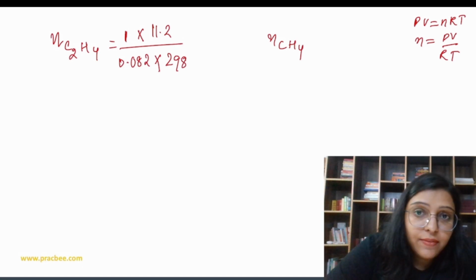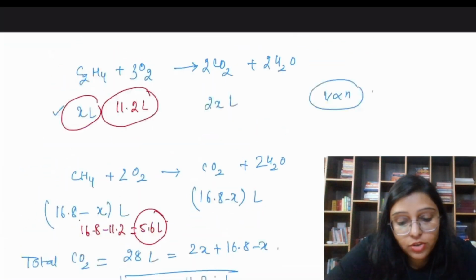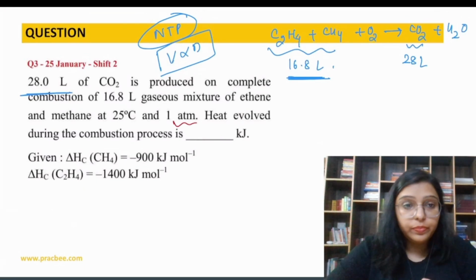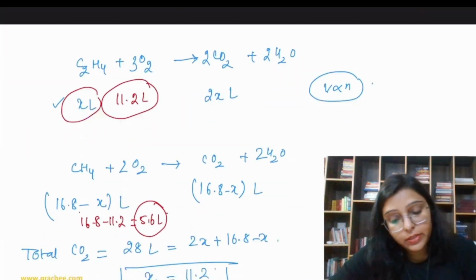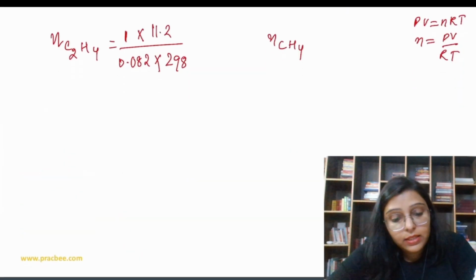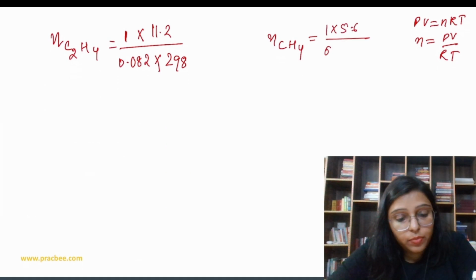Why am I taking R value as 0.082? Because pressure is 1 atm. So if pressure is in atm, then we have to take R value as 0.082. Similarly, nCH4 is 1 into 5.6 upon 0.082 into 298.